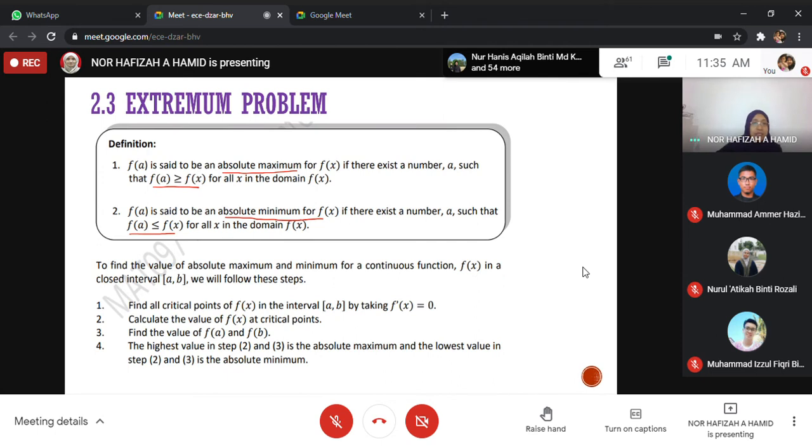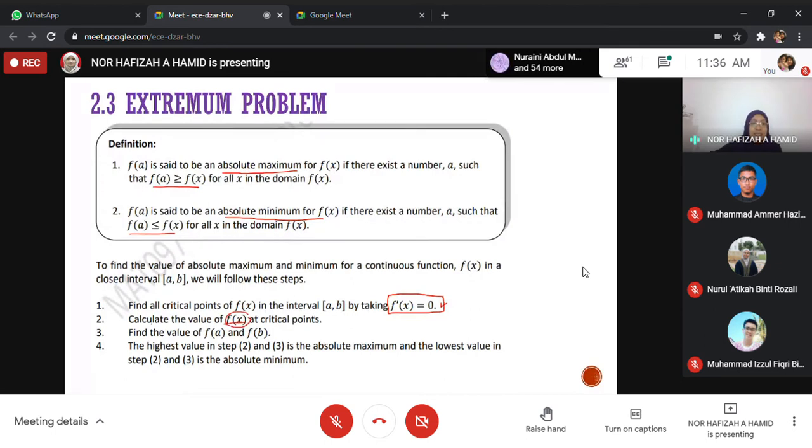Okay, so we have step there. So step to determine the absolute maximum and absolute minimum. We have 4 steps. Number 1, find all the critical points. Ini macam biasa, when f prime x is equal to 0, nanti you akan dapat critical point. For number 2, calculate the value of f of x at critical point. So ni sama macam nak calculate value of y lah. Kalau sebelum ni untuk graph tu, kita nak calculate value of y bila you ada critical points dia.